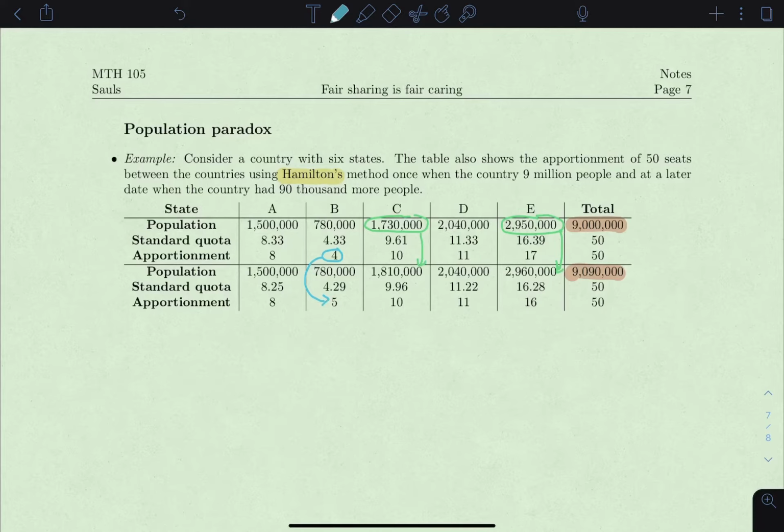And remember, there's only 50 seats total, so if B gained a seat, somebody must have lost a seat somewhere. C, whose population went up by 80,000, didn't change. D's population stayed the same, and their apportionment stayed the same. And so E must be where it's happening. E's apportionment has gone down.